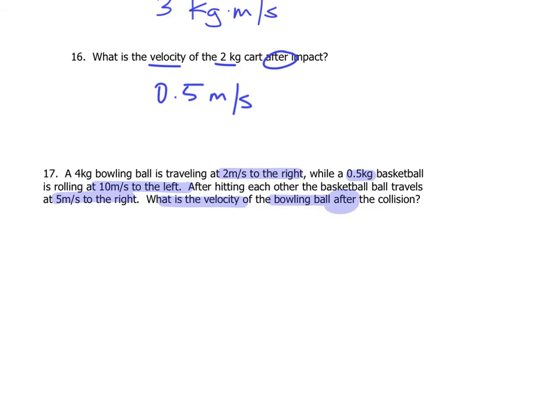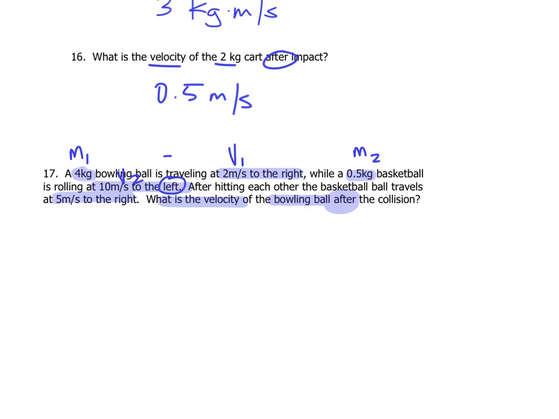Okay. So I've got two objects in comparison. The 4 kilogram bowling ball is going to be M1. It's moving 2 meters per second to the right. That is V1. The basketball is my second mass, M2, and it's moving 10 meters per second to the left. So this is V2.